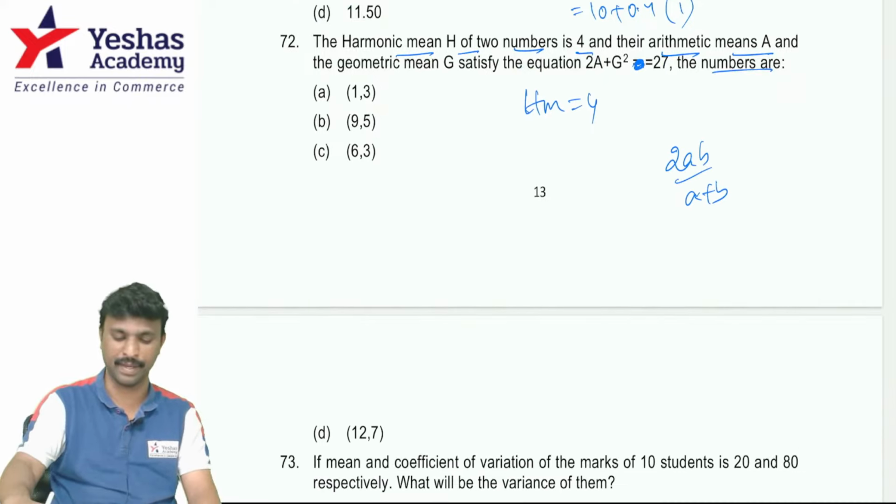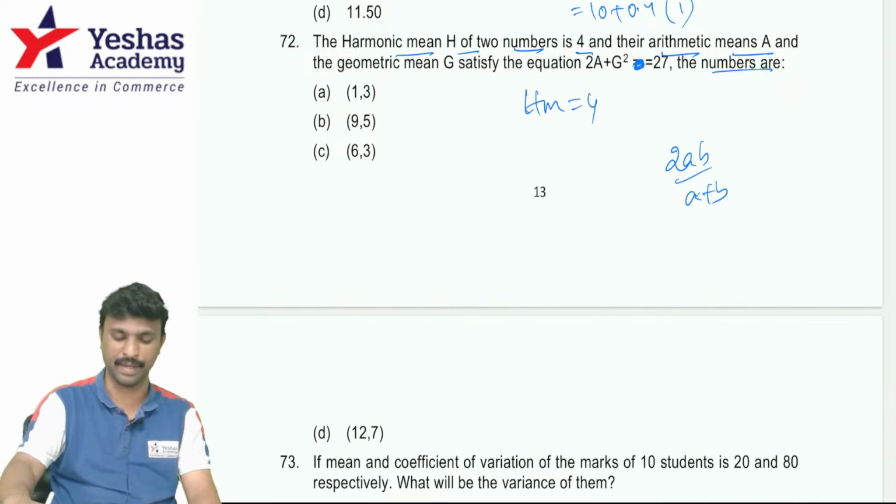They will not change. Have you understood? They'll not be equal. Standard deviation and variance, variance is a square of standard deviation. They'll not be the same. So they will be unchanged. That means shift of origin, SD doesn't change. If SD doesn't change, variance also will not change. Have you understood? So unchanged is the right answer.